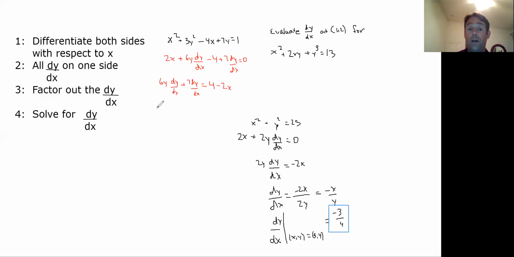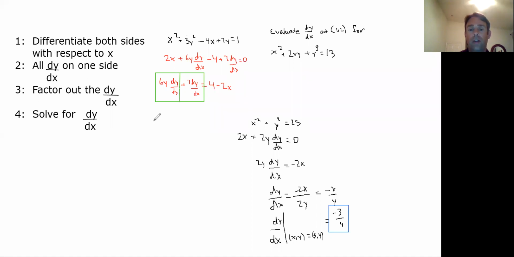Number 3 says factor out the dy/dx. Well, in this case, there is something for me to factor out. That's the right shape. So now you can kind of see where this factoring out part is going to come into play here. You see how they both have their dy/dx?